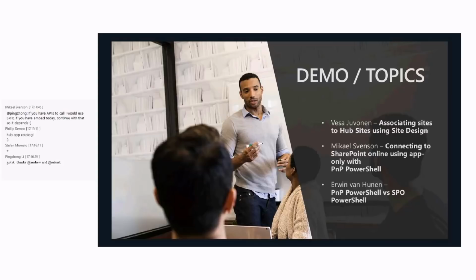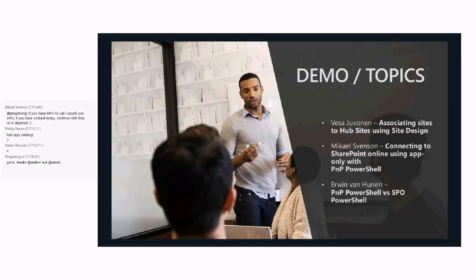Then we'll have Mikael Svensson having a quick discussion on connecting to SharePoint Online using app only with PnP PowerShell, and then Erwin van Hoonen, Mr. Van, is going to talk about PnP PowerShell versus SharePoint PowerShell.